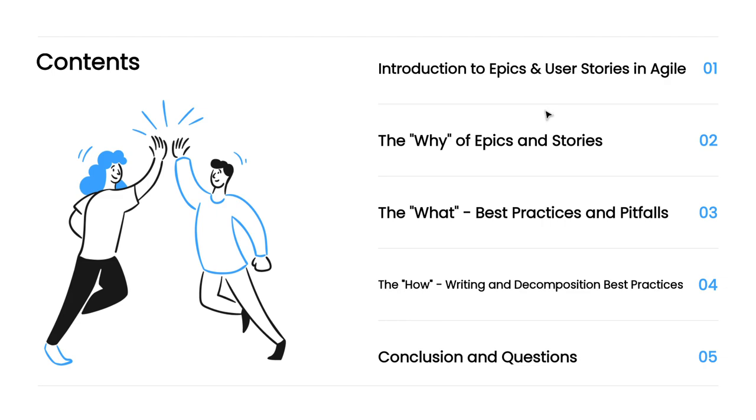Next, we will examine the what, best practices and common pitfalls to avoid. Finally, we will tackle the how part, practical techniques for writing effective stories and decomposing them correctly. We will wrap up with the conclusion and leave time for questions.